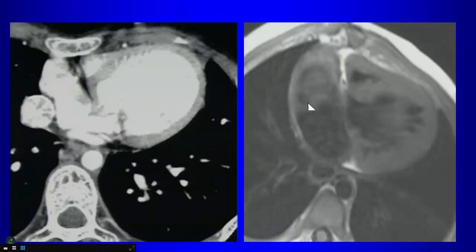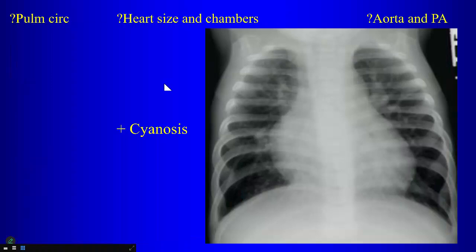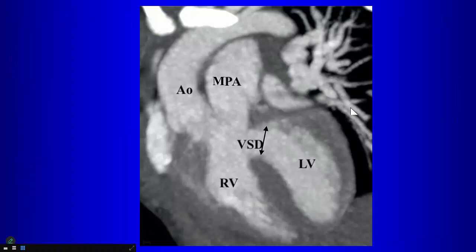What is this one? Yes, small right ventricle, tricuspid atresia, coronary artery displaced inward. There's your coronary artery displaced inward, fat replacing the tricuspid valve, tricuspid atresia. Good. Increased blood flow, cyanosis.